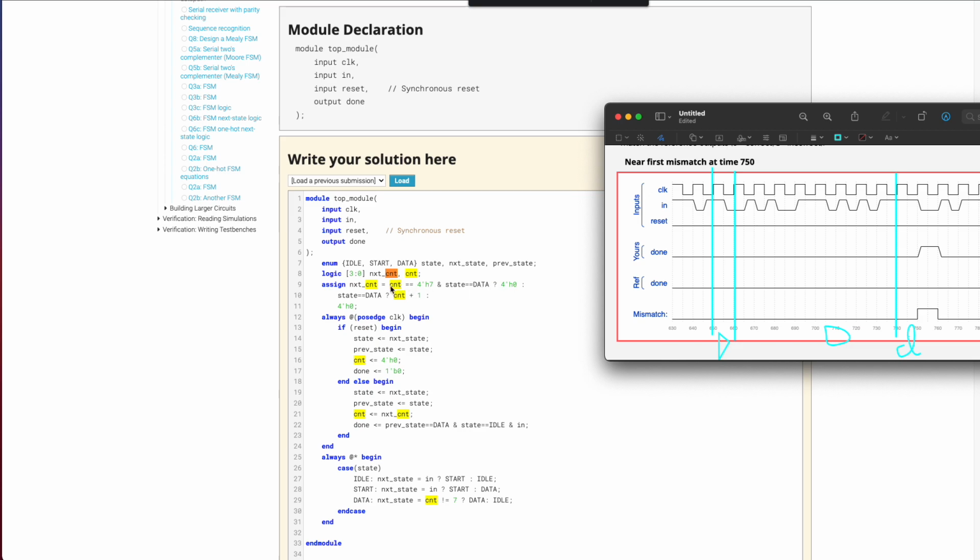So this is non-7, and this is data. That must be +1. So I guess I don't get how this ends up at data state.